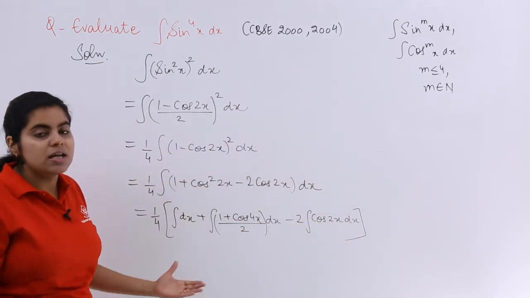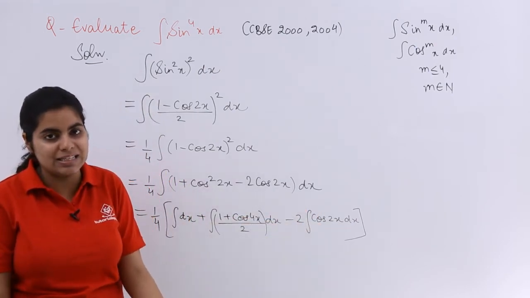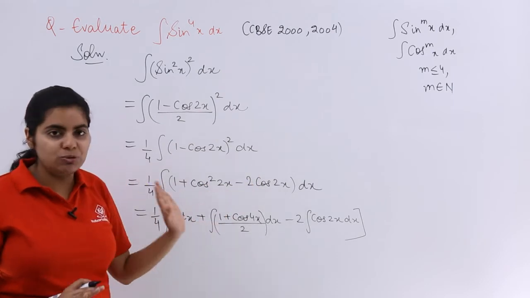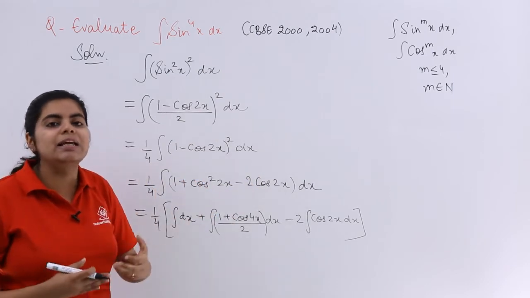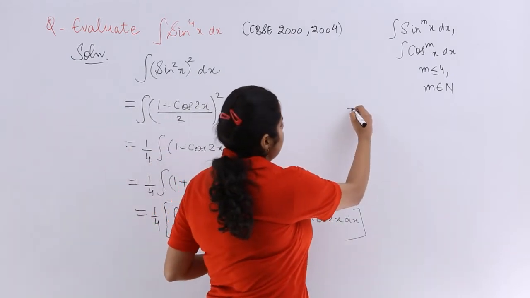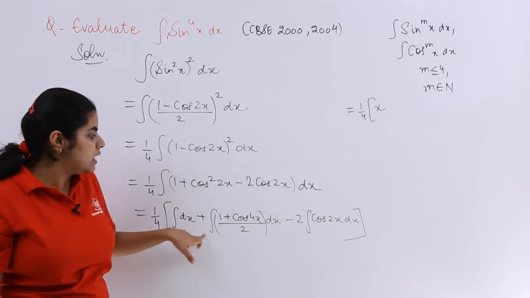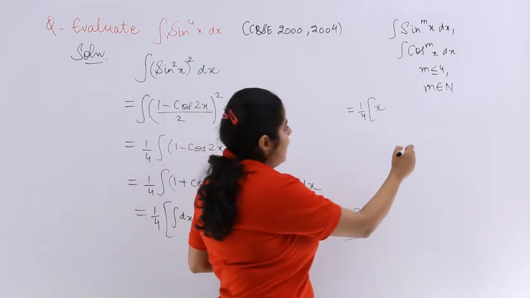Next, the last but not the least step is to just integrate it and reach the final answer. But the methodology you have understood, I hope. It was nothing but breaking into cos 2x and using the formulas. Now, 1 by 4 is there and it should be x for this integration. Then 1 by 2 makes it x by 2.